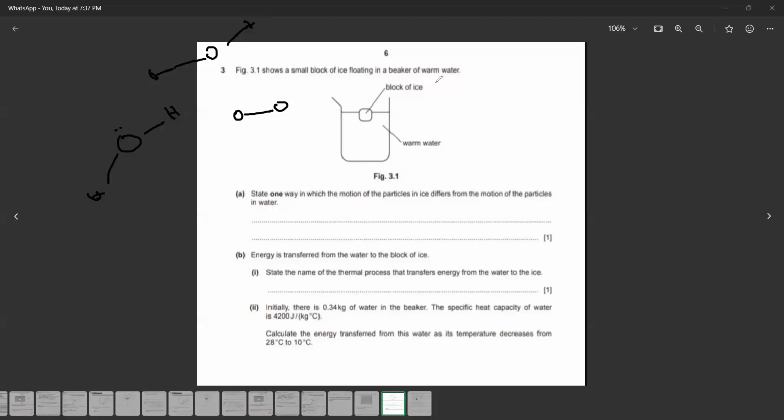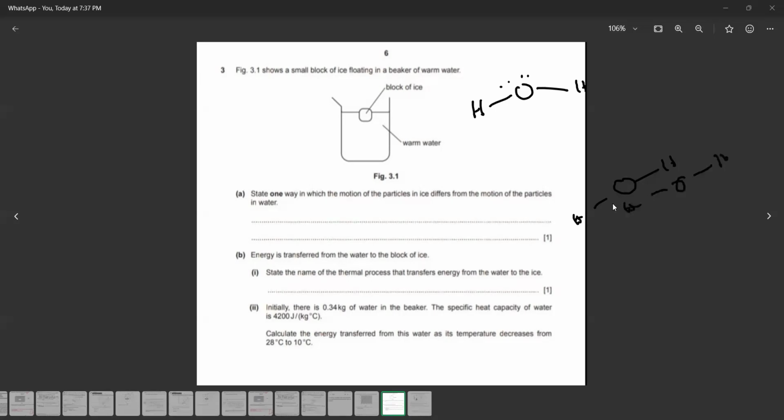How does ice have a lower density? In ice, the water molecules arrange in a 3D structure. In a liquid state, the molecules can overlap.